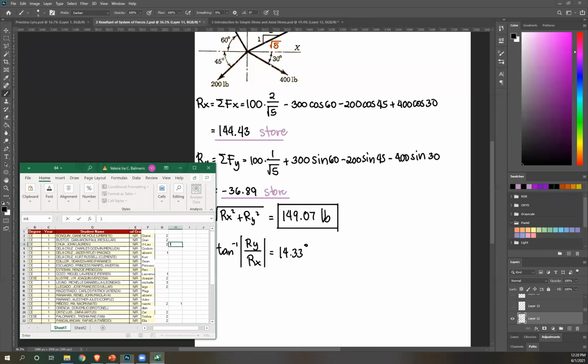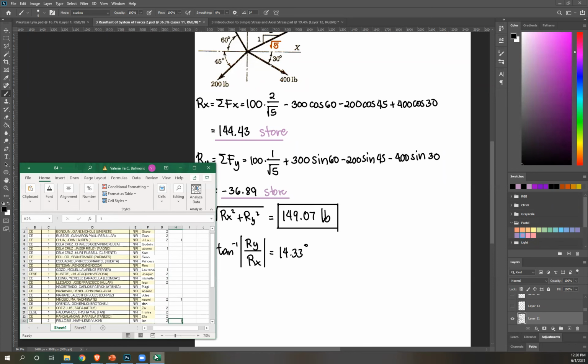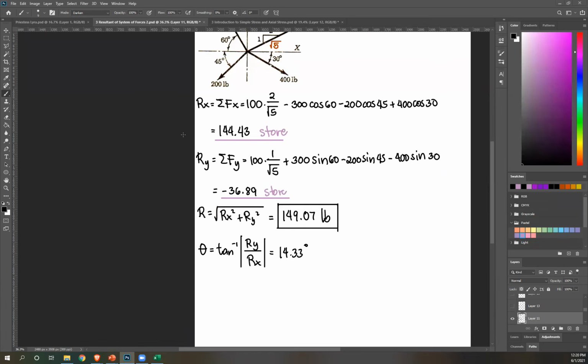I'll give you a point as well since you mentioned the direction. Southeast. Why? Your direction will depend on the sign of your Rx and Ry. Rx, final answer is positive, therefore it's to the right or east. Ry is negative, therefore it's downward, south, sorry. So southeast or downwards to the right. Since we're not talking about bearings, let's use down or downwards to the right.